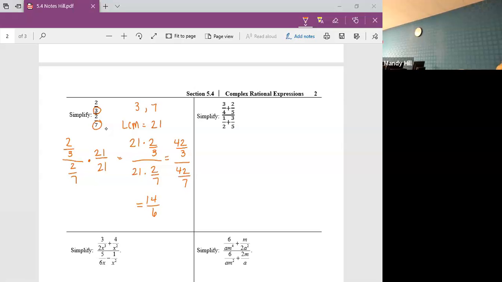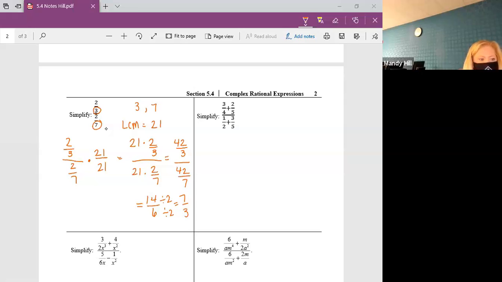And I think we can reduce that even further because I'm noticing that both of those can be divided by 2. So if I divide this by 2, that's going to get me 7 over 3.